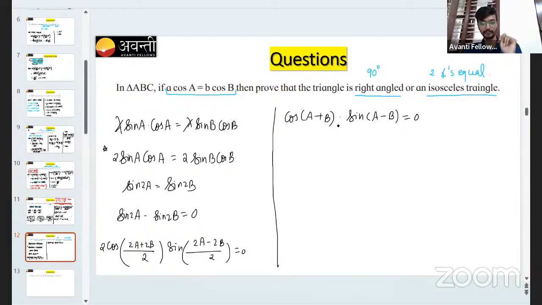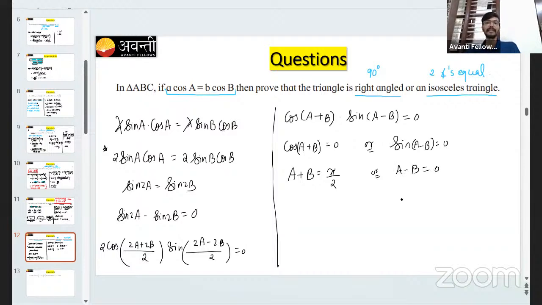Now the product of two terms is 0. What does this mean? This means cos A plus B equals 0 or sine A minus B is equal to 0. Cos A plus B equals 0 means A plus B is equal to pi by 2, or A minus B equals 0. A minus B equals 0 means A equals B. That means the triangle is isosceles. Now, A plus B is pi by 2.